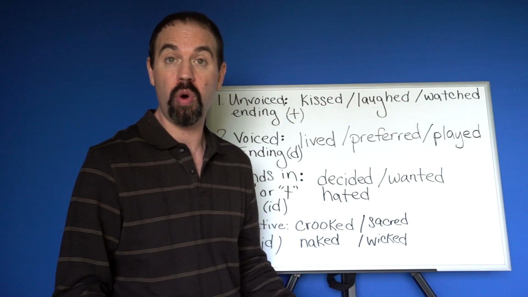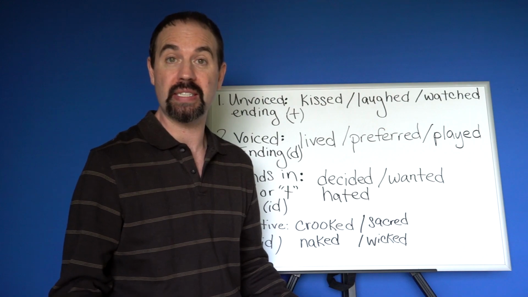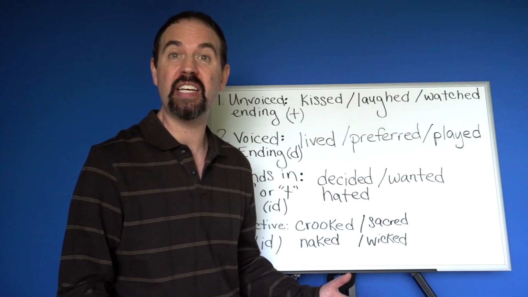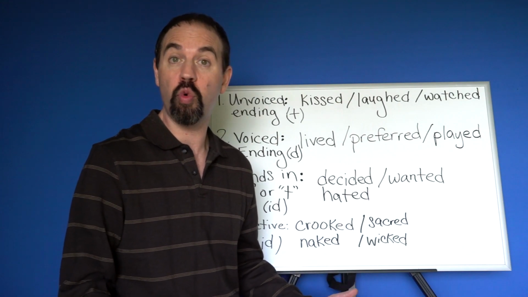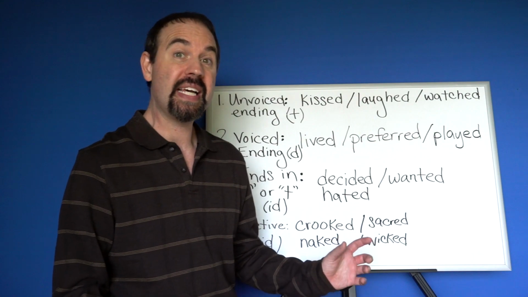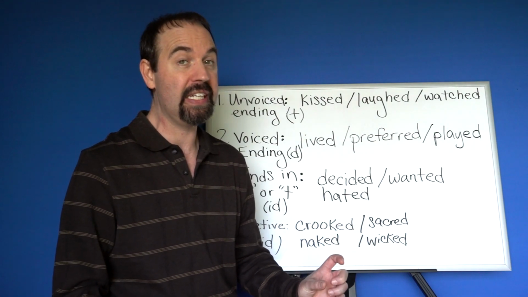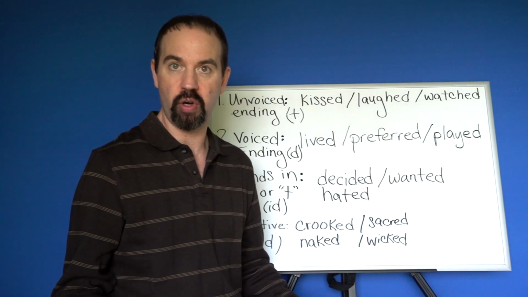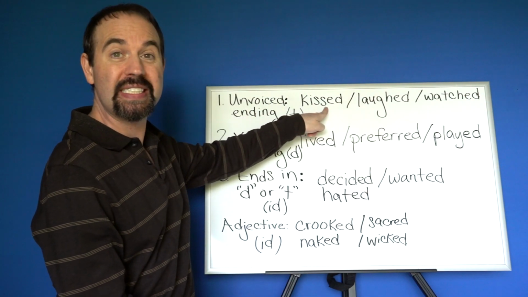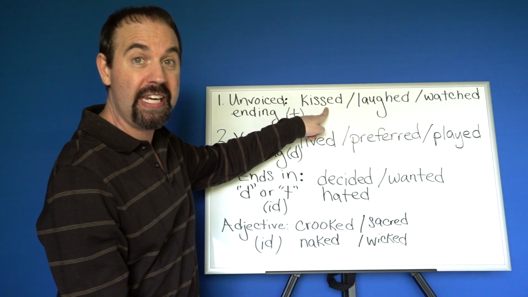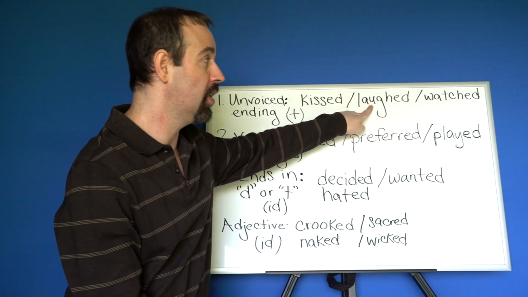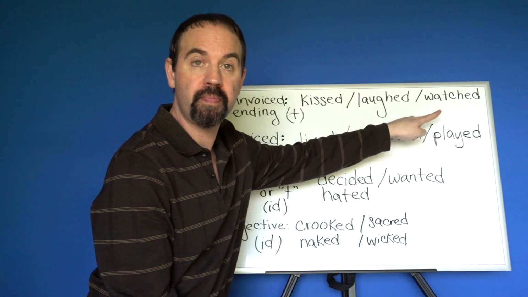Now that we know what voiced and unvoiced sounds are, we can determine how to pronounce the ed combination at the end of words in English by deciding whether the sound before the ed is voiced or unvoiced. These words here have an unvoiced sound before the ed: kiss, laugh, watch.